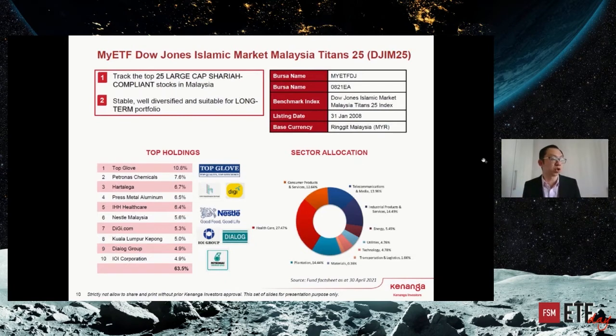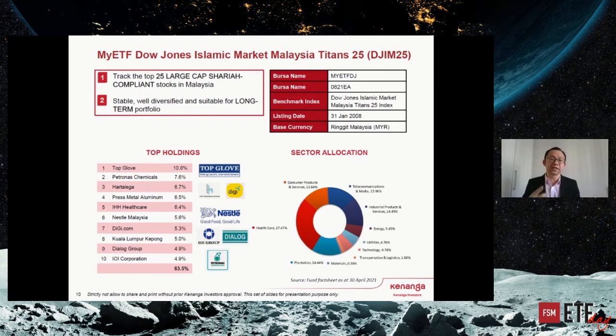And we can see from the top holdings, we have Top Glove, Petronas Chemical, Hartalega, Press Metal Aluminium. We didn't see the weightage of Press Metal so high last year, because when the glove stocks were hot, most of the top holdings were generally in the glove sector.